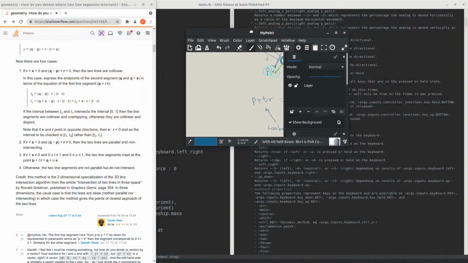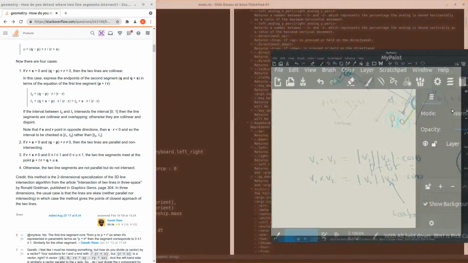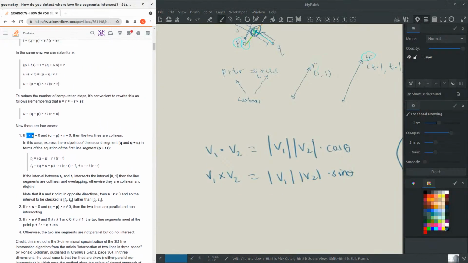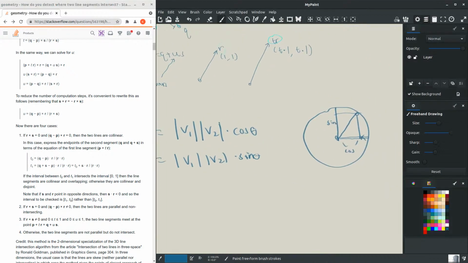Which I think was what this algorithm says. So if r cross s equals 0, so if they're pointed in the same direction, if the angle between the two is 0, so yeah, this theta is the angle between the two vectors in both cases.